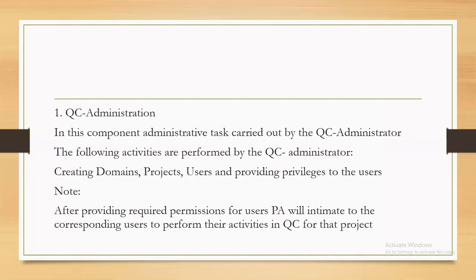Like that, they create the domains, projects, and users. Suppose you are the test engineer and I have 10 projects in my company. Which project you have to work on, they are going to give you the privileges for. So it is creating domains, projects, users, and providing privileges to the users.